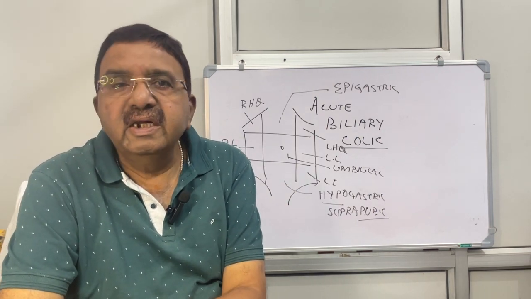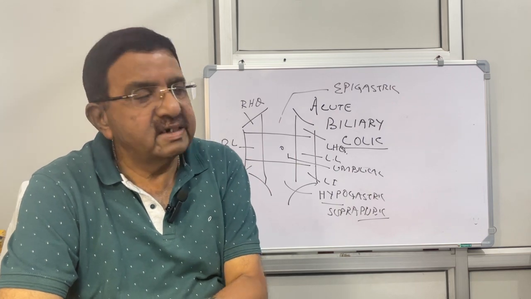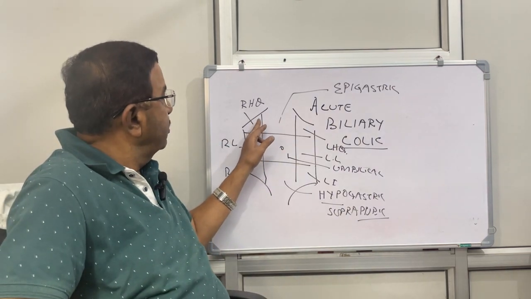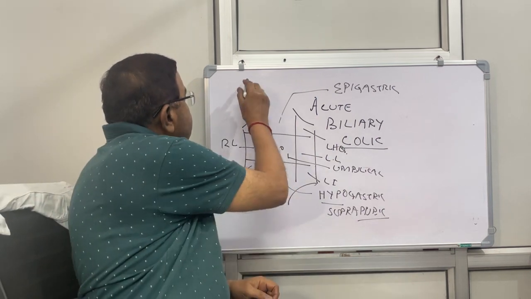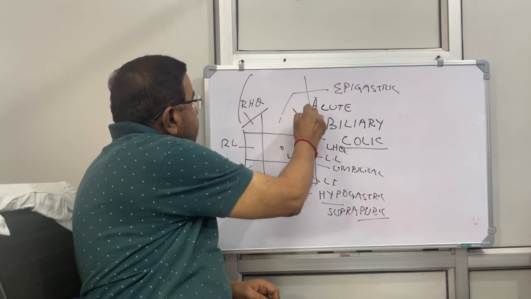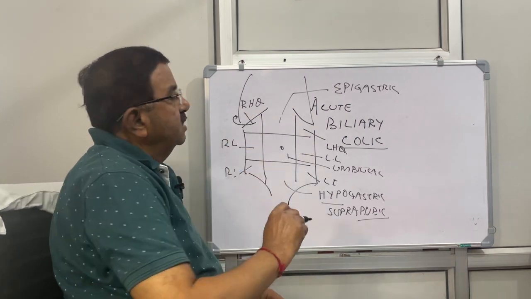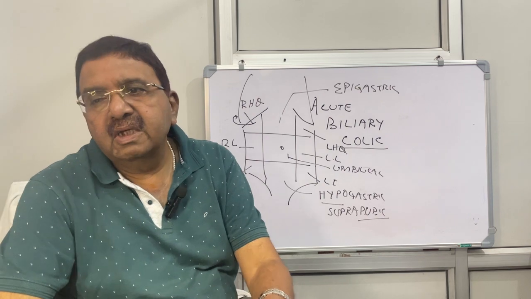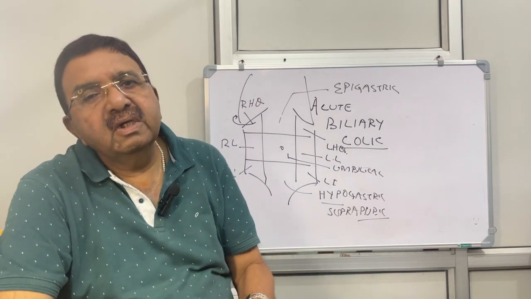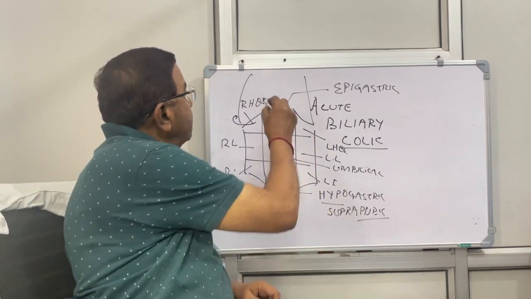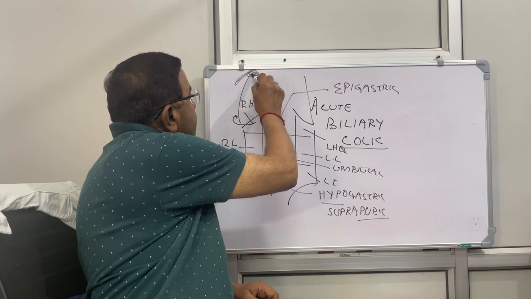The pain can radiate to the back of the chest on the right side. From here it can go on the back, or maybe to the right shoulder joint. Here it can also radiate.